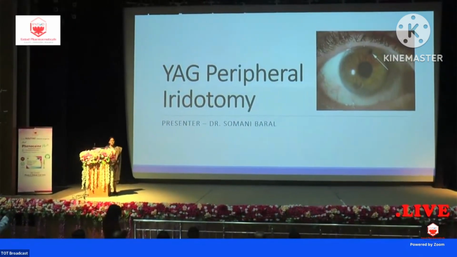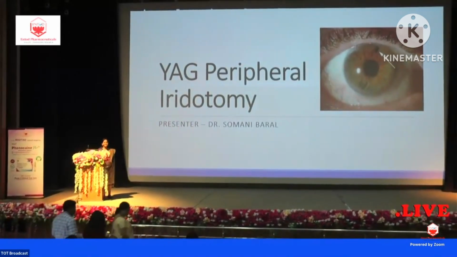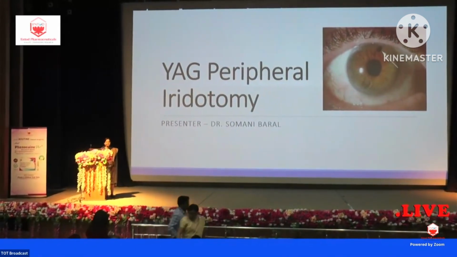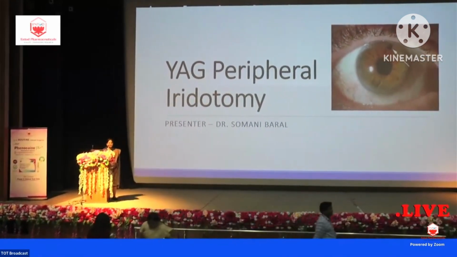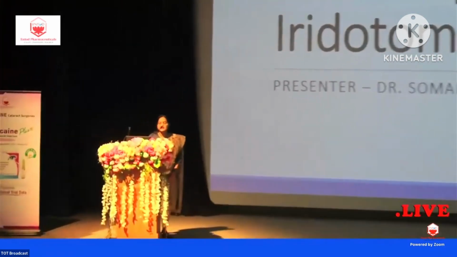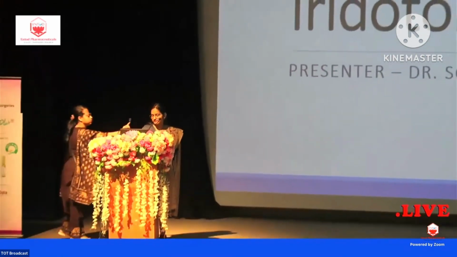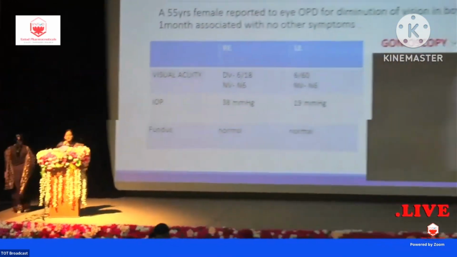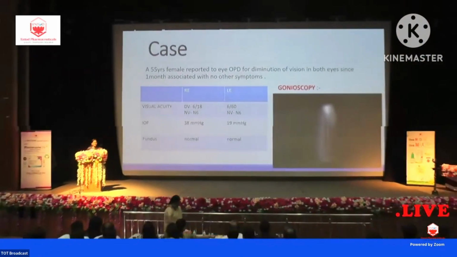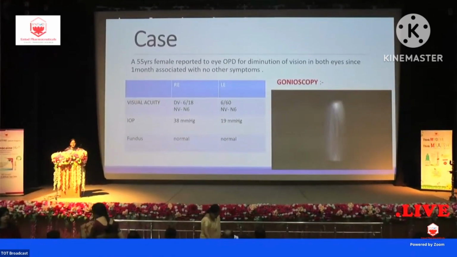Good morning, everyone. As we have just passed glaucoma week, and glaucoma is progressive irreversible blindness worldwide, one of the treatment modalities is YAG laser peripheral iridotomy. So this is a case of diminution of vision in both eyes with visual acuity of 6/18 in the right eye and 6/60 in the left eye.